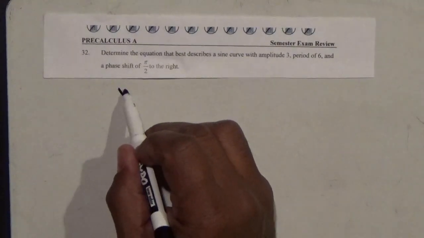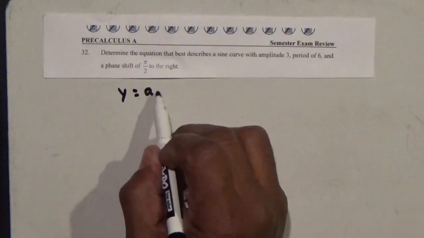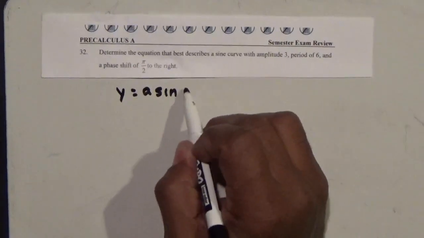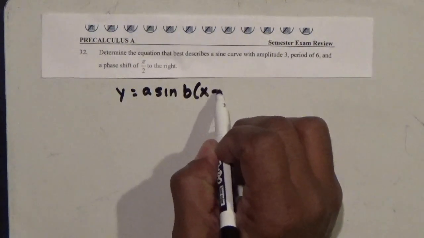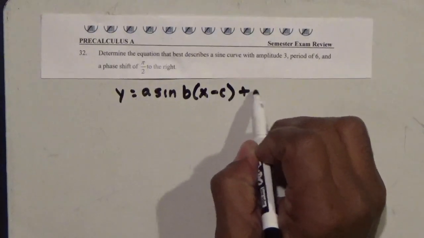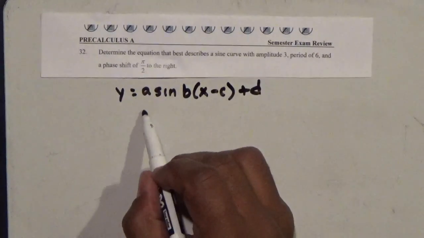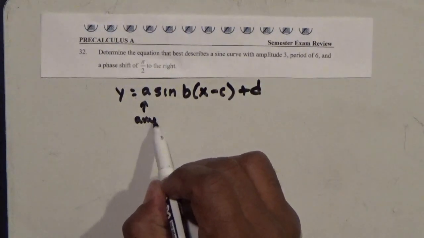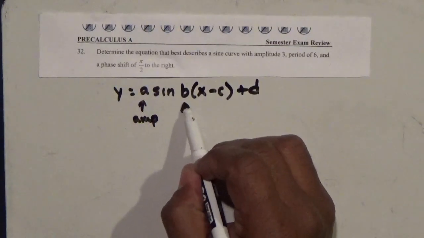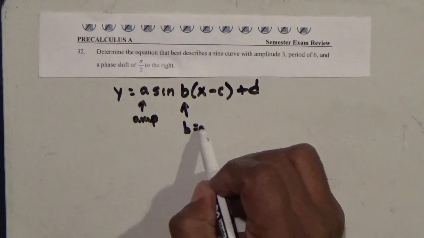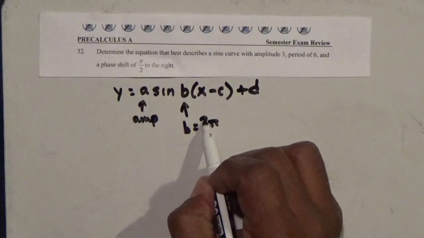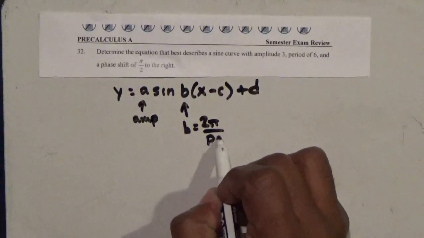So we're trying to write that equation, y is equal to a sine b times x minus c plus d. A gives us our amplitude. We find our b by going b is equal to 2 pi over the period.